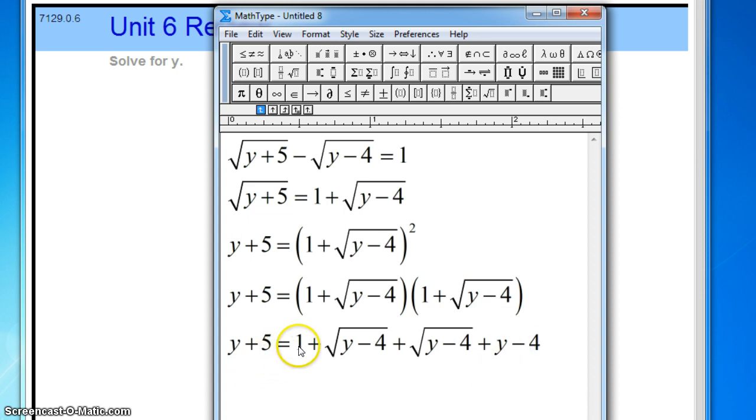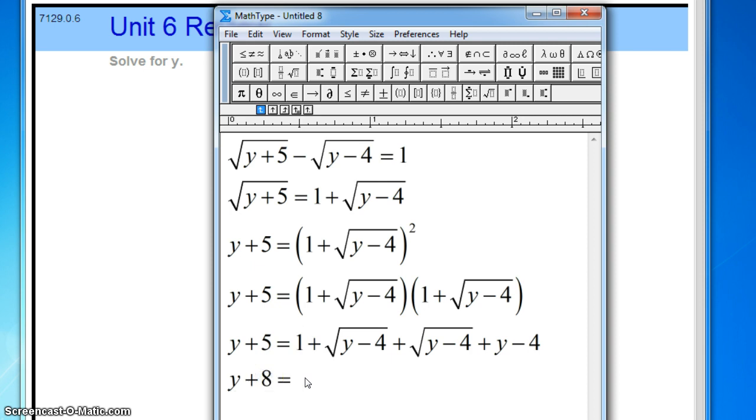And now let's combine like terms. So let's see, we have a minus 4 here, a 1 here, and a 5 here. So 1 plus negative 4 is negative 3, and we'll add that to both sides, right? So that's y plus 8. Again, if you see it, or you can add 4 to both sides, that gets 9 here, and then subtract 1, that's 8.